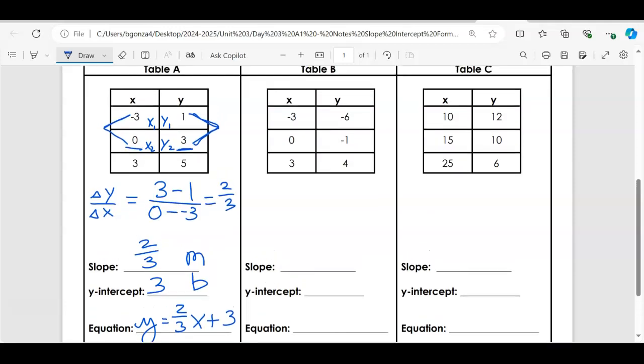Let's do this table B. All right. So for the slope, bottom minus top, bottom minus top. Please remember that the y is on top of the fraction. So -1 minus -6 over x, 0 minus -3.